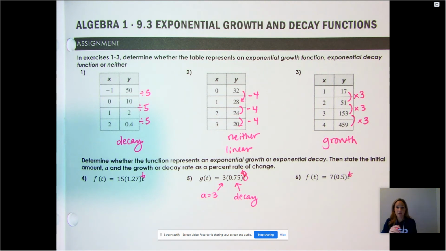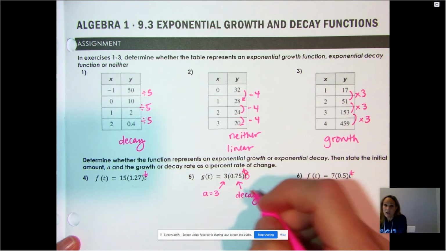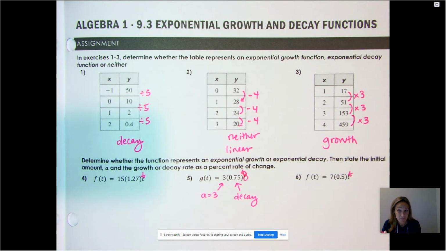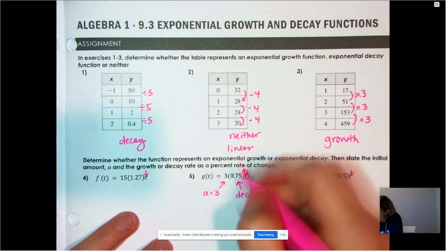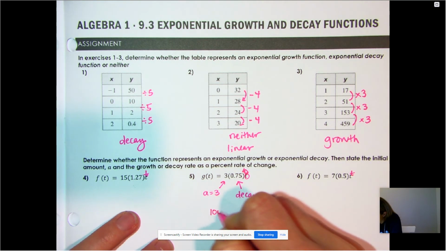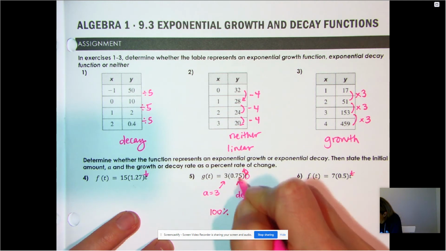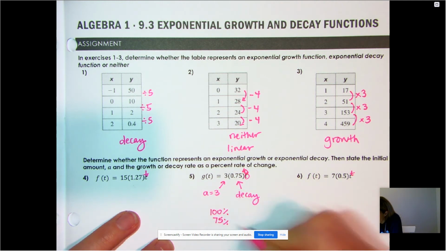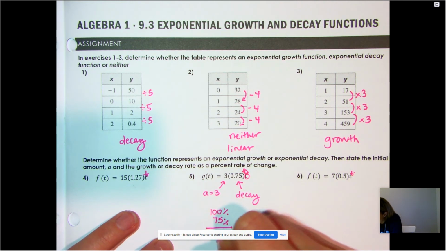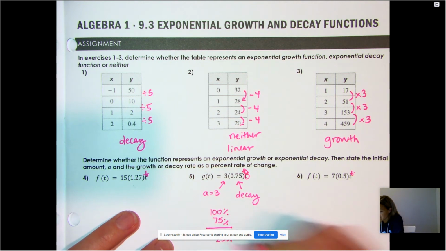And then the rate as a percent of change. And so it wouldn't be 75, okay? What we're doing is we're starting at 100% and we're saying, how much did we go above or below 100%? So if I'm at 100% and I'm comparing it to 75%, I went down by 25%.